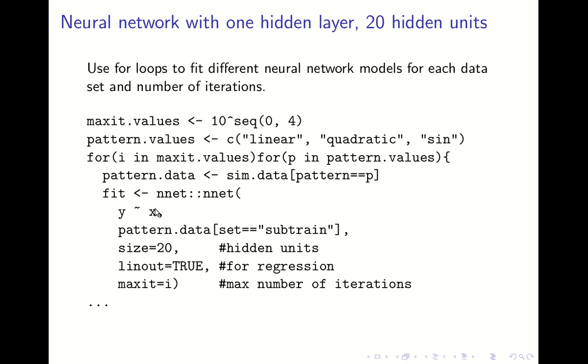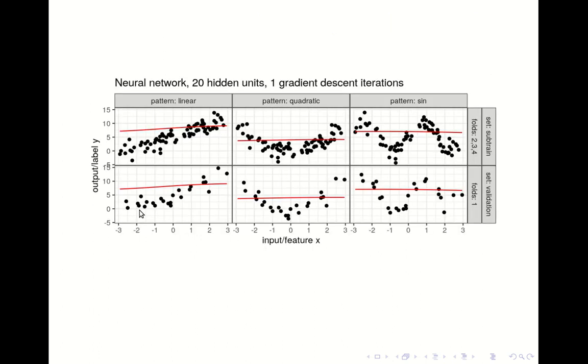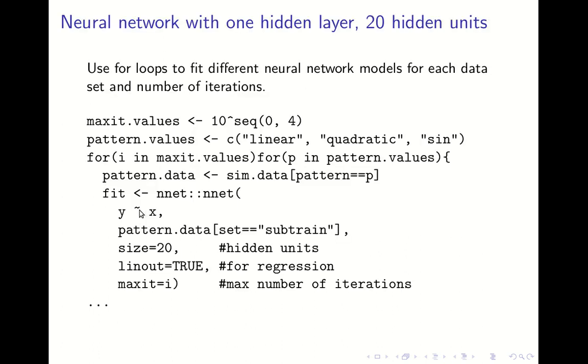And on the right hand of the formula, those are the inputs that we want to use to make the prediction. And so this tilde divides the left side and the right side, sorry. The second argument is going to be this subtrain data set. So here I'm subsetting just based on the observations which are in the subtrain set.